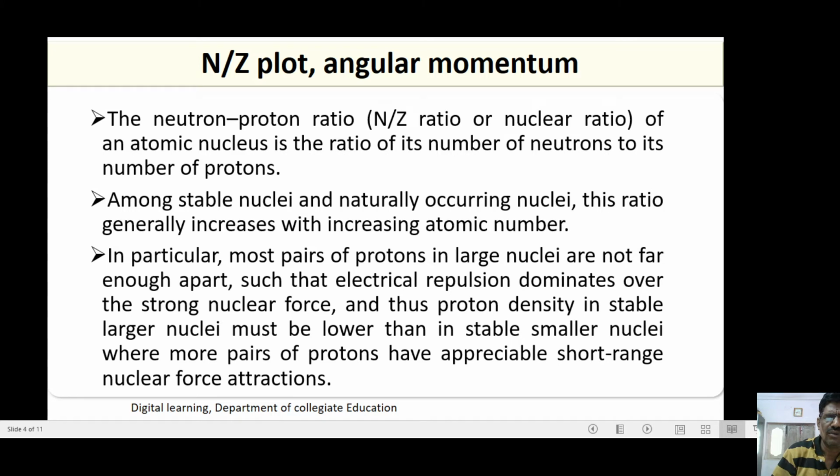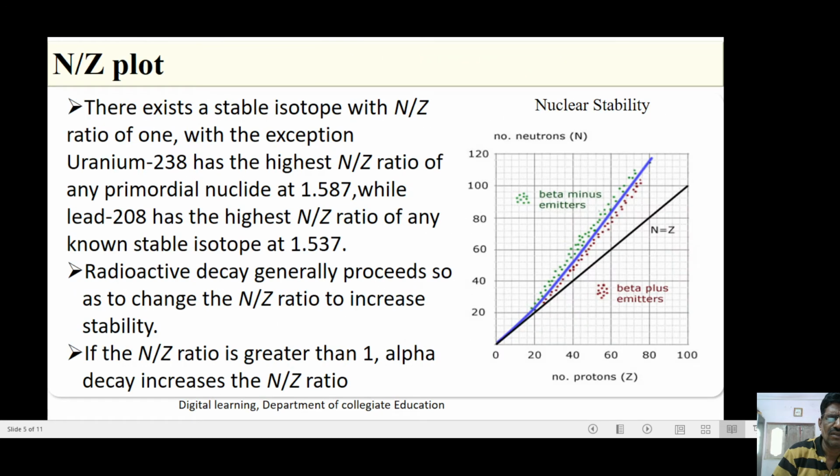The neutron-proton ratio plot. There exists a stable isotope with neutron-proton ratio of 1, with an exception.